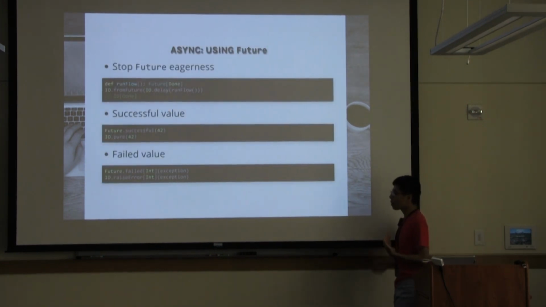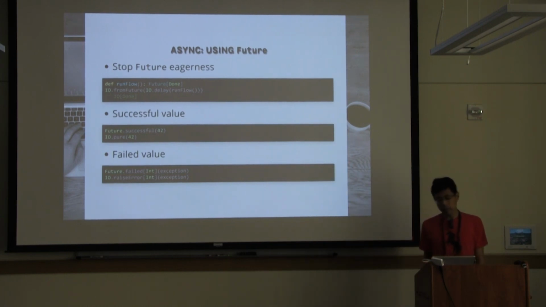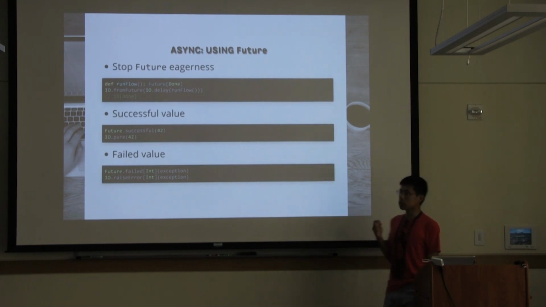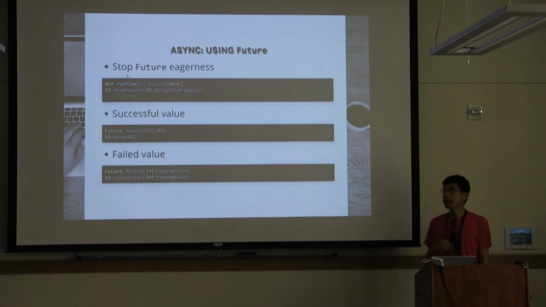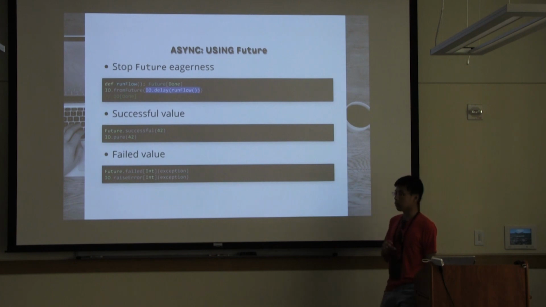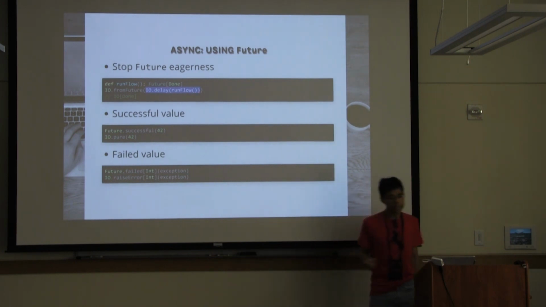So, using Future, like I said before, there's a problem with Future. Future is eager. We need to stop this eagerness. And to stop this eagerness, just like any side effect in code, we just wrap it inside an IO. But then there's another problem. This piece of code would actually have a type of IO of Future of something.